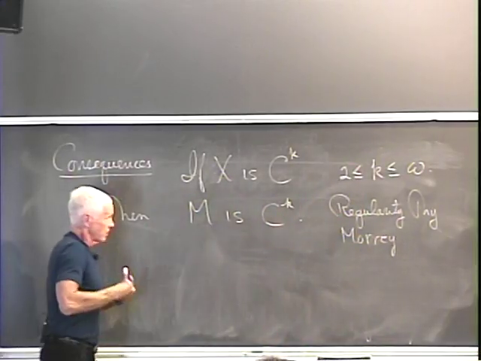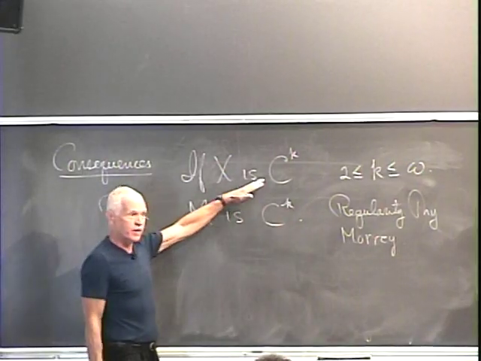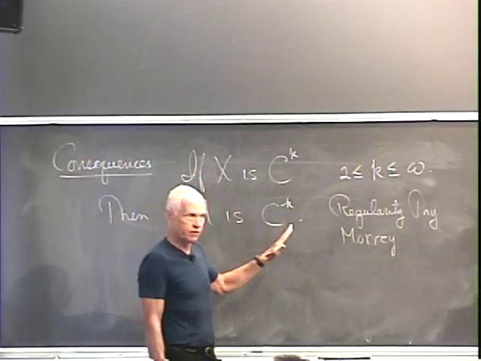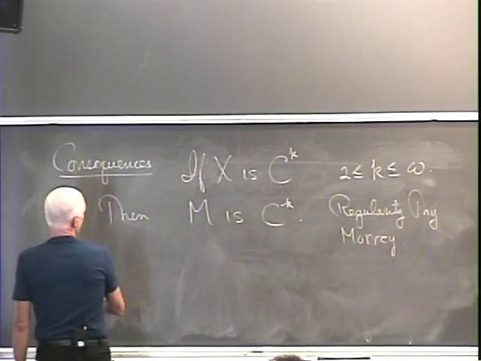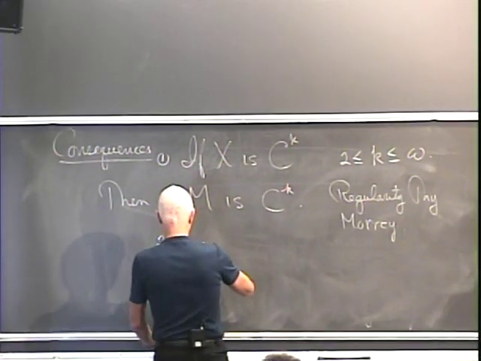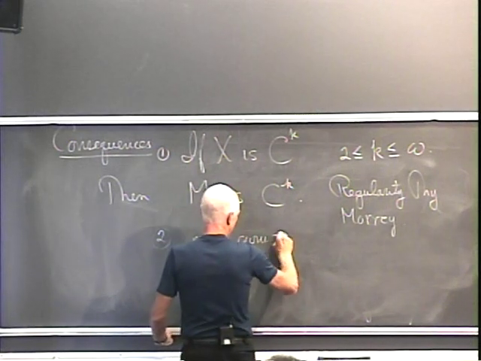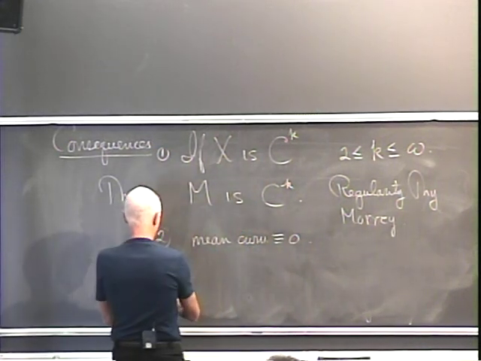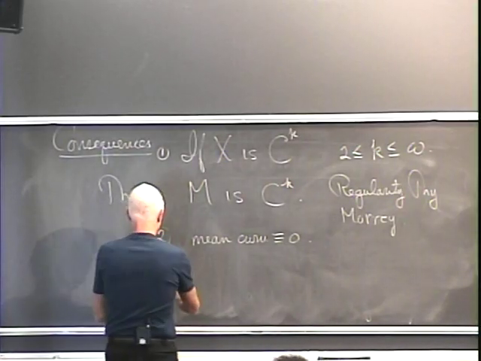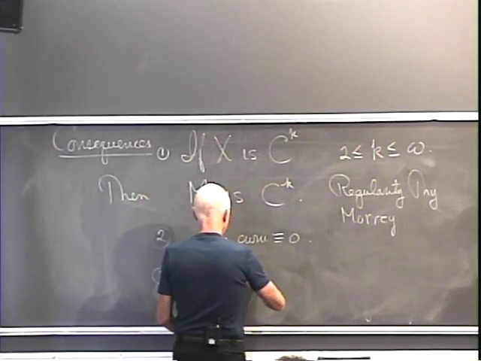So if you're working in something like a complex manifold, then these things are automatically real analytic. Even though you start with them as just class C1, they're automatically real analytic. And they certainly satisfy the fact that they're minimal surfaces, so the mean curvature is identically 0. And in addition to this, there are certain monotonicity properties.